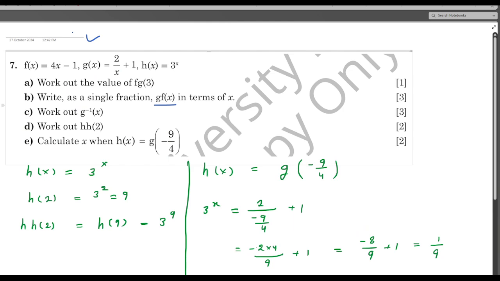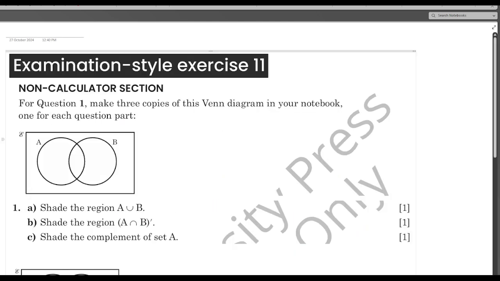Examination style questions from your exercise 11. It is good practice to do examination style exercises. Now, I will not say that only this much is enough for you to solve, but for those students who are struggling to get a decent mark in their examination, it is very important that they at least know all the problems from the examination style exercise.